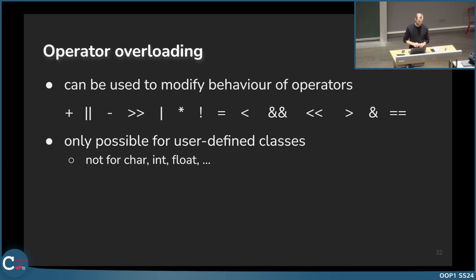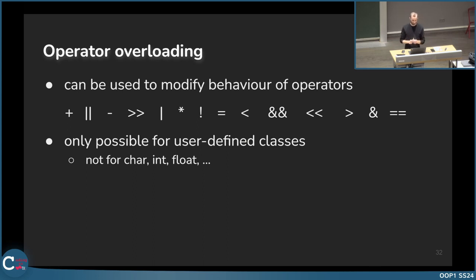It's sometimes too much, in my opinion, but you could override, for example, the logical or, the logical and, the less than, the assignment operator, or the dereferencing operator. So you can add your own behavior however you like.